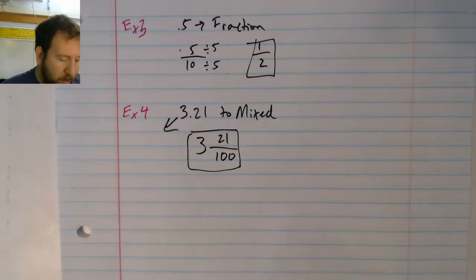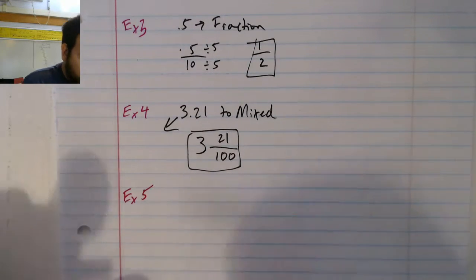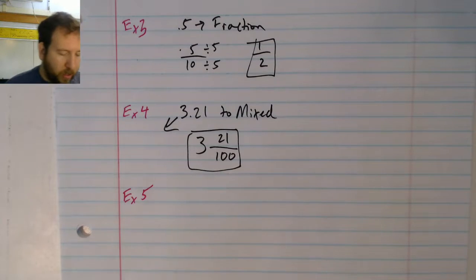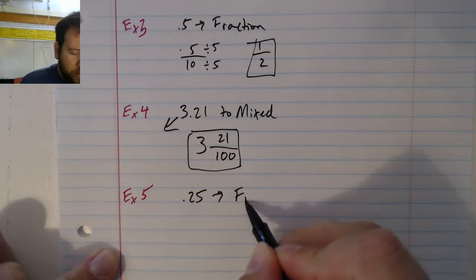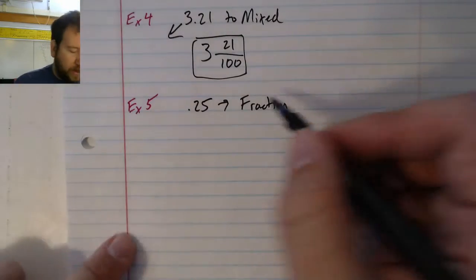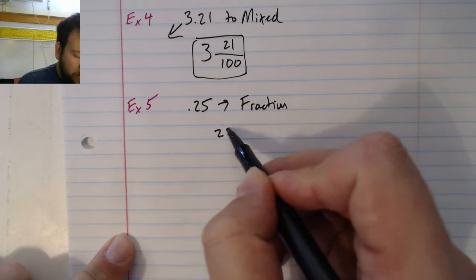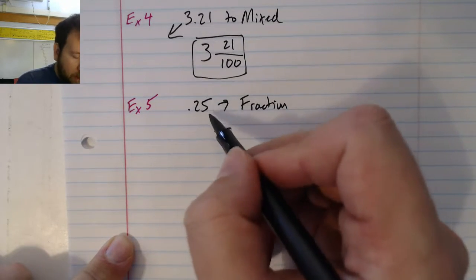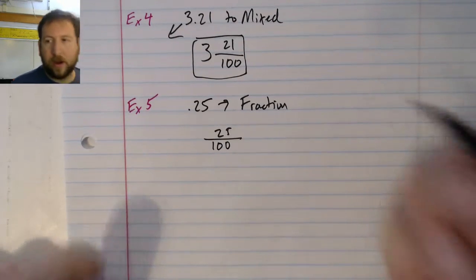Let's do one last one. We're going to take 0.25 to a fraction. Find our numerator using our first step: it's 25, and the denominator is hundredths, so I have 25/100.